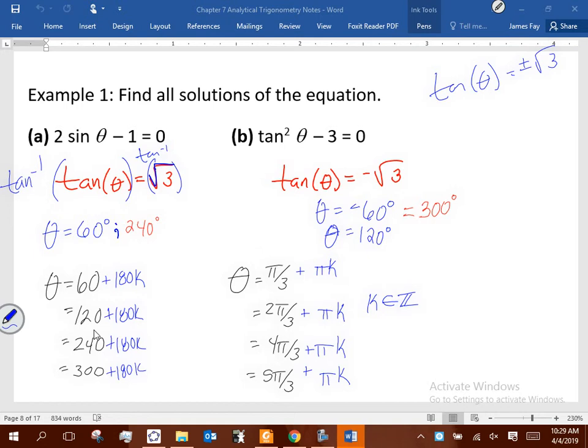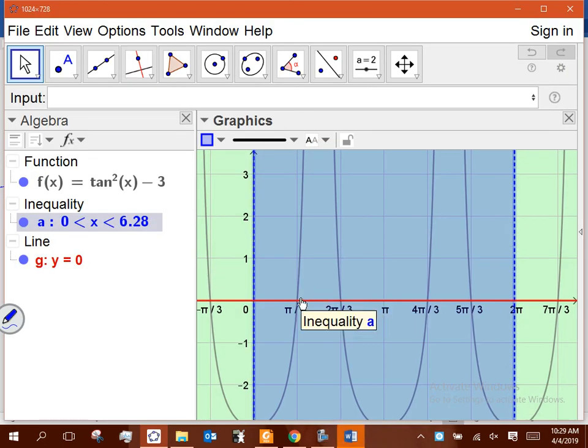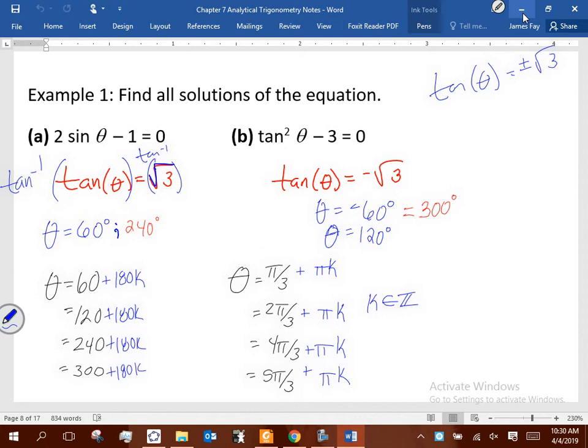Okay, so that's great. I don't know if we talked about this, if I look at my graph here, pi over 3, 2 pi over 3, 4 pi over 3, 5 pi over 3, it's pretty easy there if I put my x-axis in terms of my solutions, that is those values, right? We've got the right solutions for our problem, okay? Now what I want to say is there is some inaccuracy in those solutions, meaning, I don't know if it's inaccuracy, we've got redundant solutions up there.